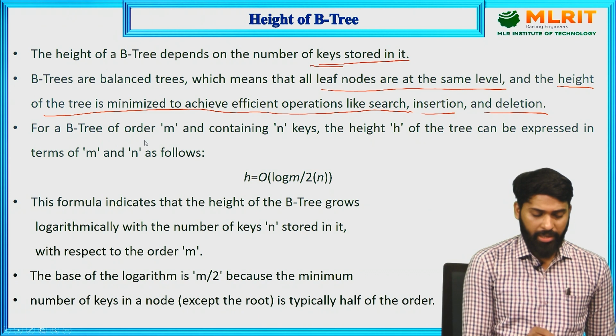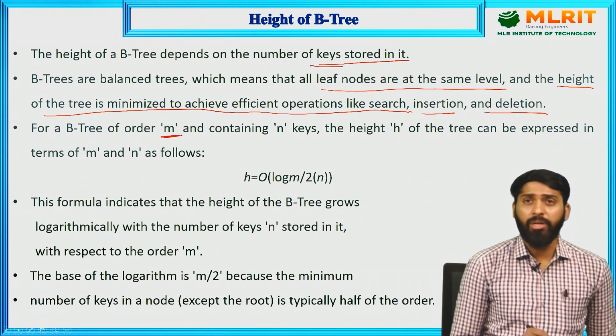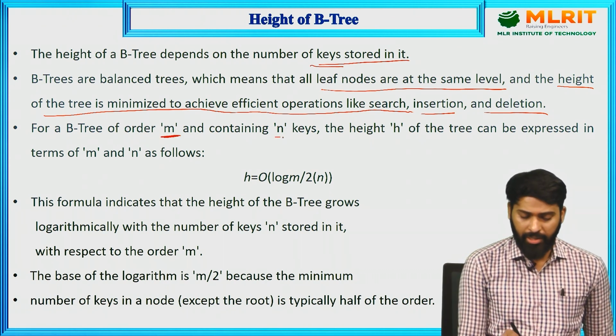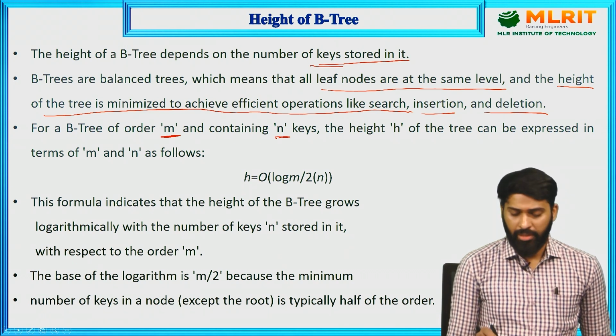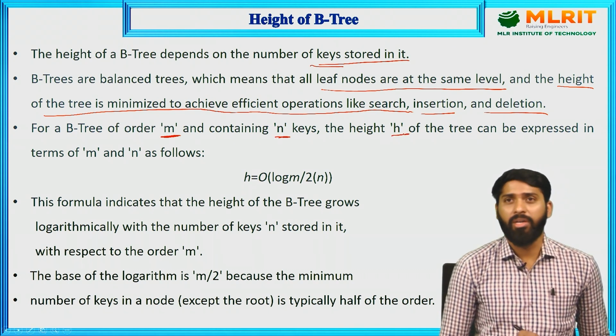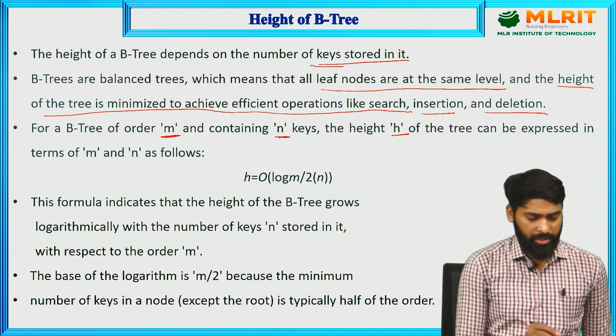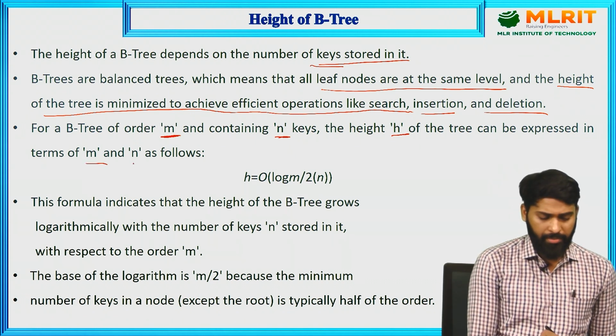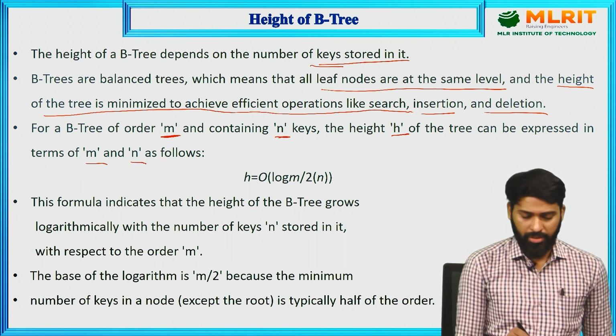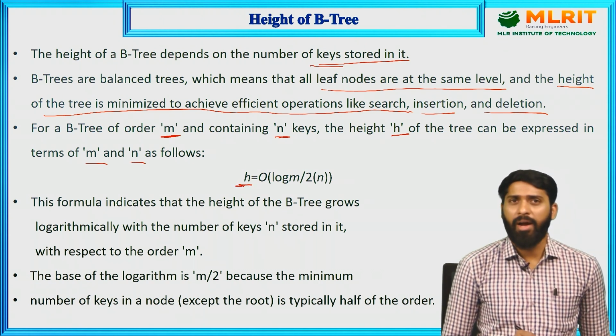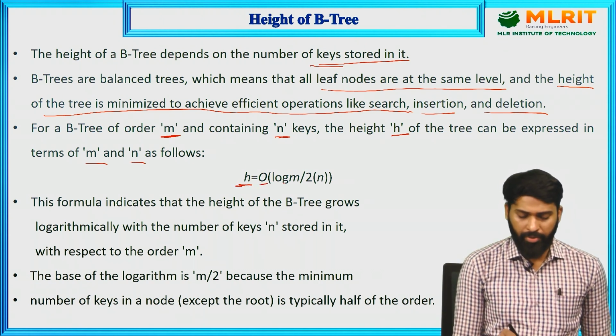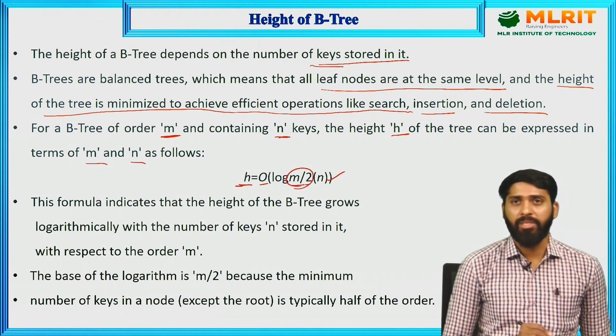For a B tree of order m and containing n keys, the height h of the tree can be expressed in terms of m and n as follows. So, h, meaning height, equals big O of log base m by 2 of n. So, m by 2 is the base.